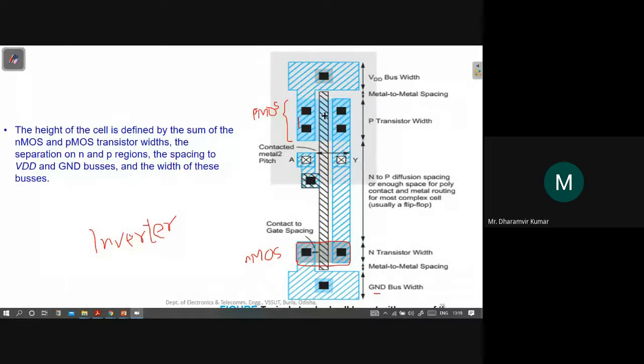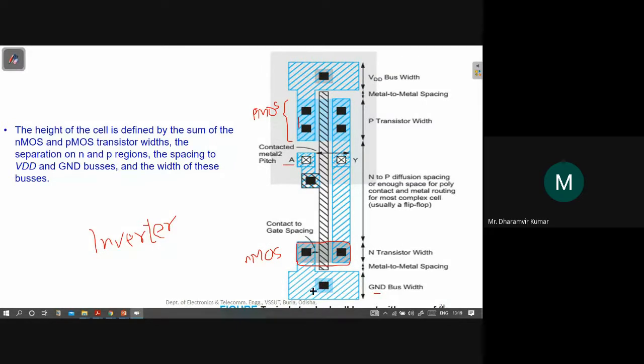It means that we are providing the same input to the gate of NMOS and PMOS, right? Here we provide the input A like this.